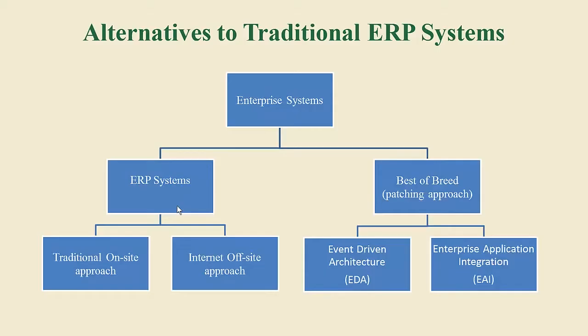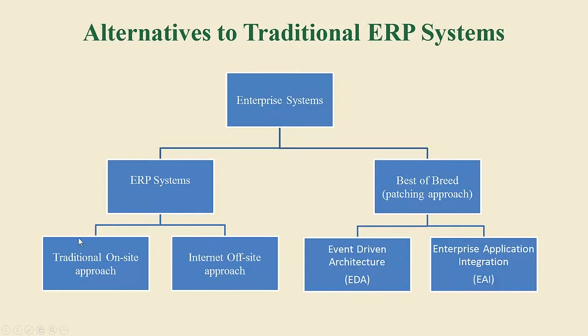Okay, let's finish up and discuss a few alternatives to our traditional ERP systems. Enterprise systems. An enterprise system automates and integrates all of the major business functions within a company. Two types of enterprise systems that we'll discuss here briefly: ERP systems and the best-of-breed systems.